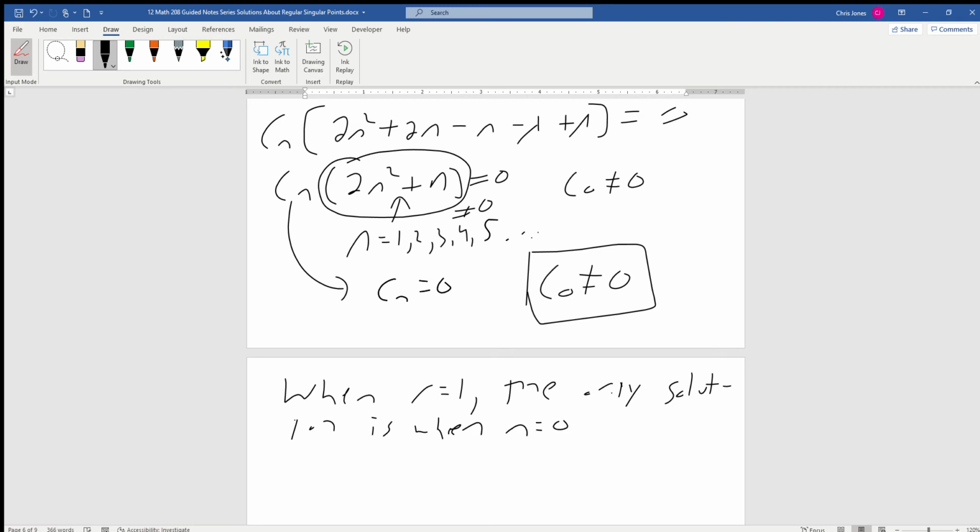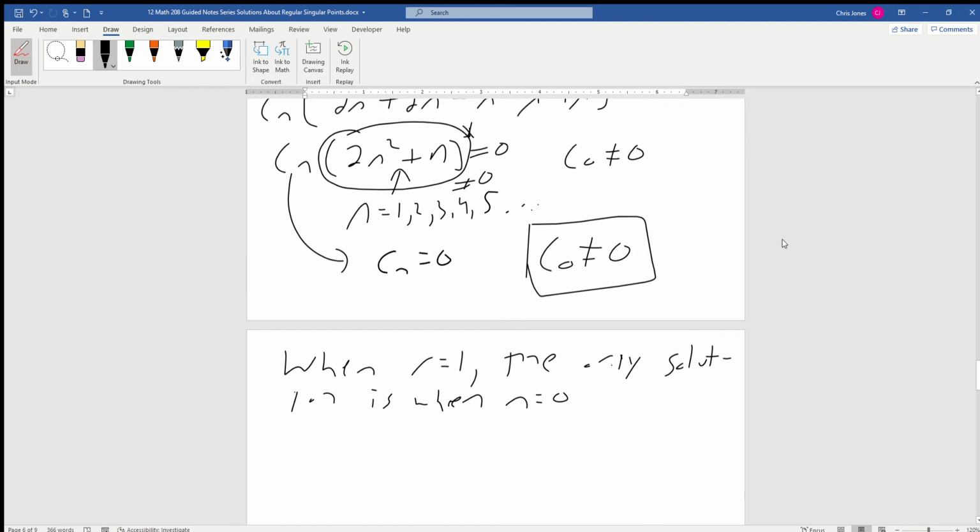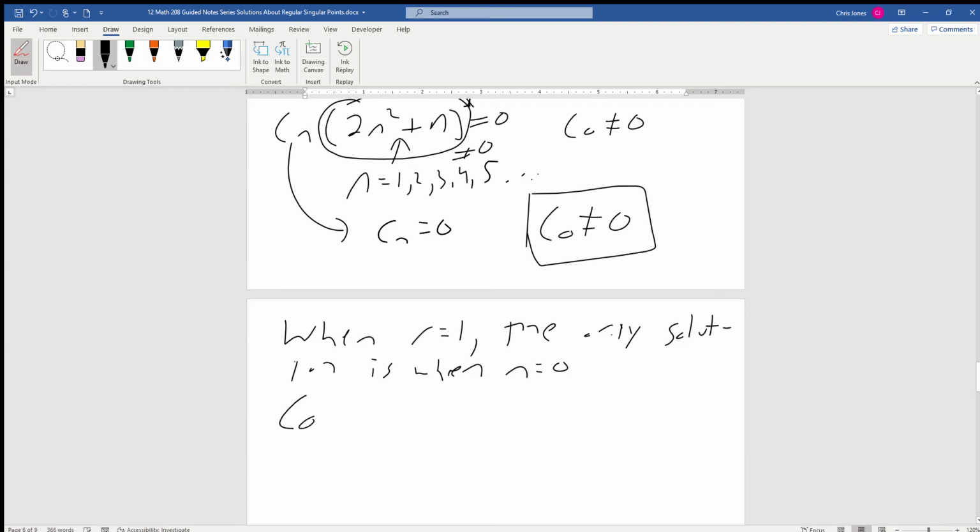And again, that's because of this right here. So what does that give us? Well, that gives us c naught, and remember, it's going to be x minus 1 to the n plus r. That's just going to be 0 plus 1, so that's c naught times x minus 1 to the first power. And that's one of our solutions.